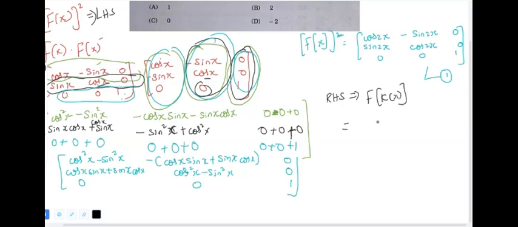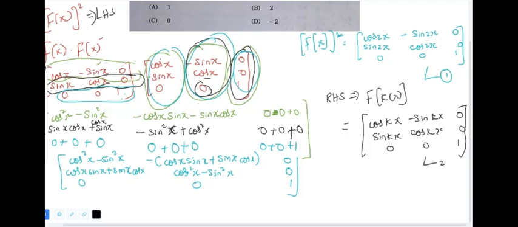That means it is cos kx, sin kx, minus sin kx, 0, sin kx, cos kx, 0, 0, 0, 1. Now equating, LHS is equal to RHS.